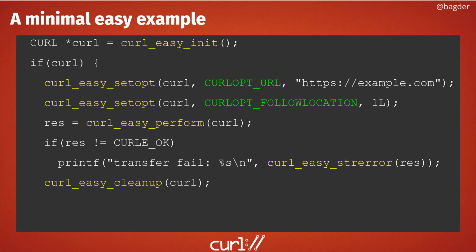You call curl_easy_cleanup, bam, no more transfer. Then that kills the handle, right? Frees all the memory, all the resources, don't use the handle again, and we're done. That's a very minimal using the easy API and file transfer example.